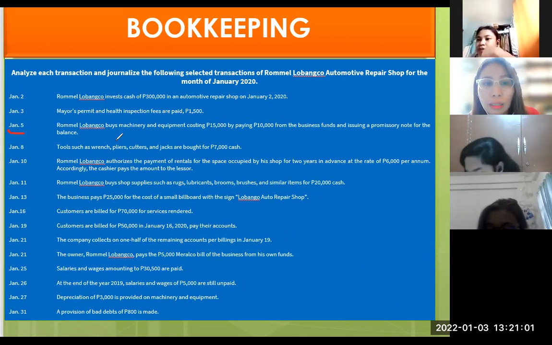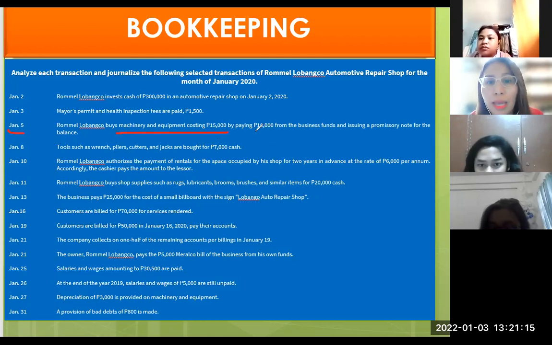Yung total machinery and equipment value or cost is 15,000 pesos. Next, yung kanyang mode ng payment ay dalawa, paying 10,000 pesos from the business funds and isa pa, nag-issue siya ng promissory note for the balance.